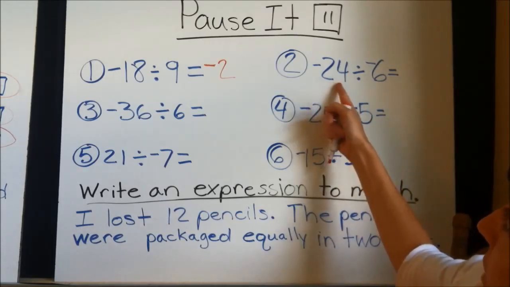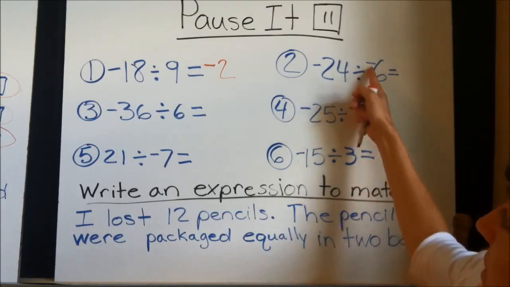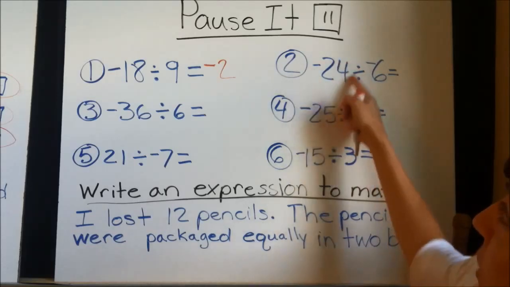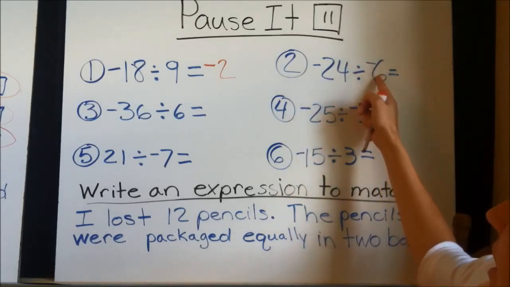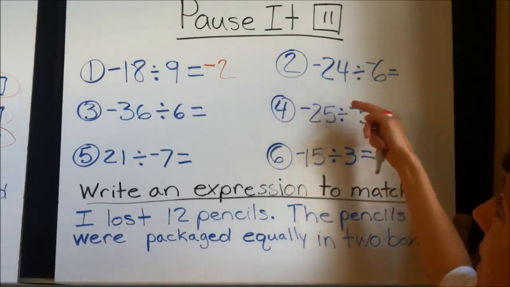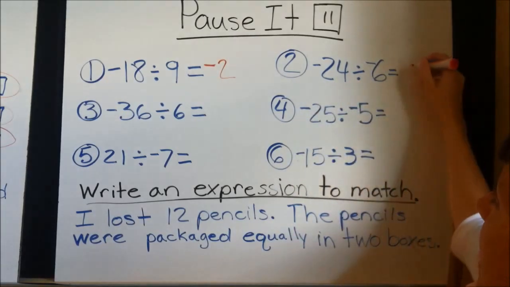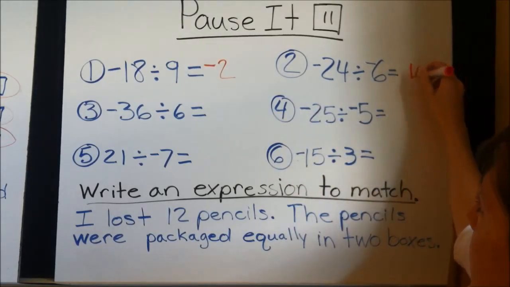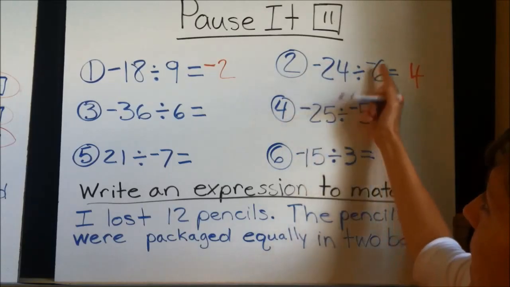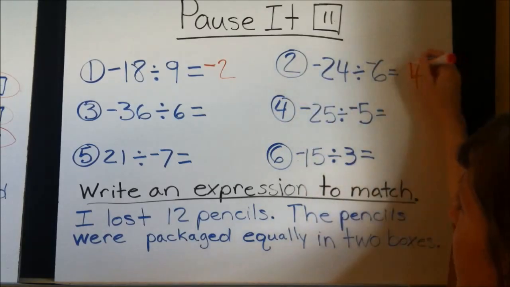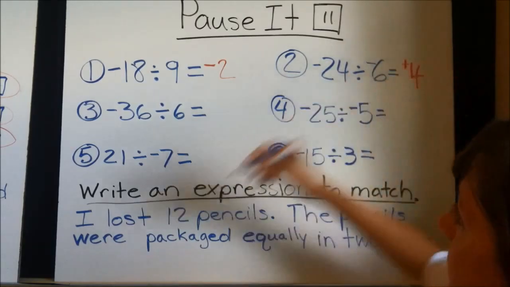I owe $24 total to 6 people, and all 6 said I do not have to pay them back. Well, 24 divided by 6 I know is 4. A negative divided by a negative, they cancel out and I get a positive, positive 4.